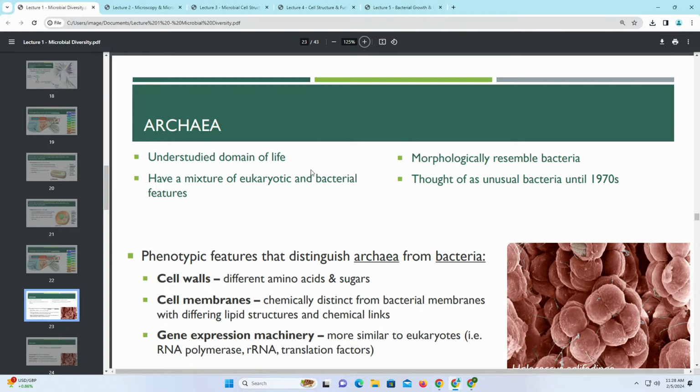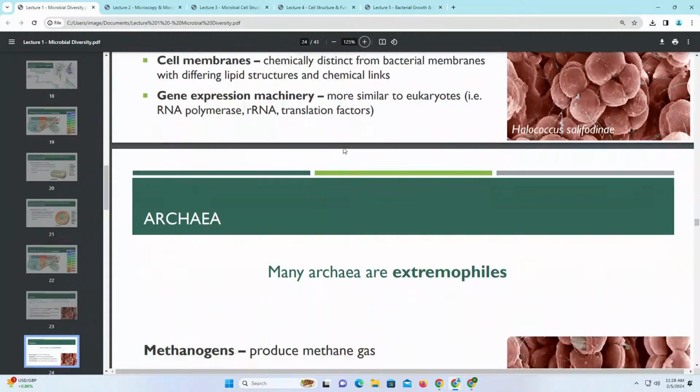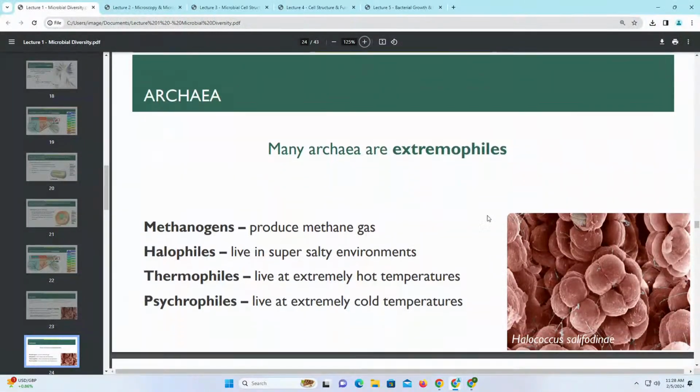But once we started to have more techniques to understand them better, we started to see that maybe they look morphologically like bacteria, but there are actual other differences that resemble eukaryotes more so. Those are differences in their cell walls, their membranes, and gene expression machinery. So that's archaea. You don't have to know much about the different types, but just know that they are extreme organisms, able to survive many different conditions.